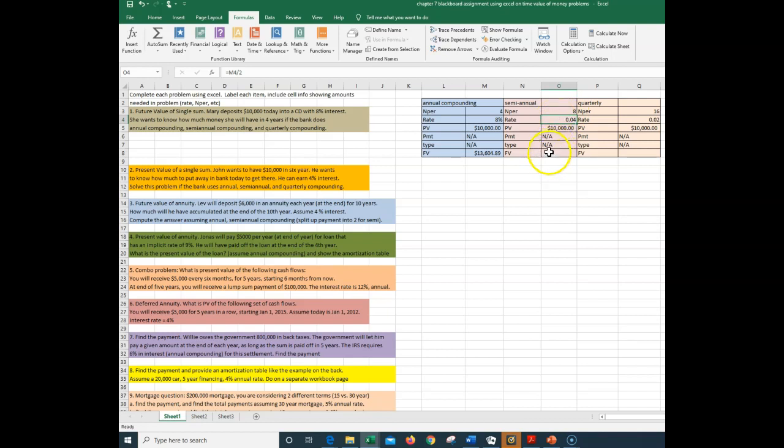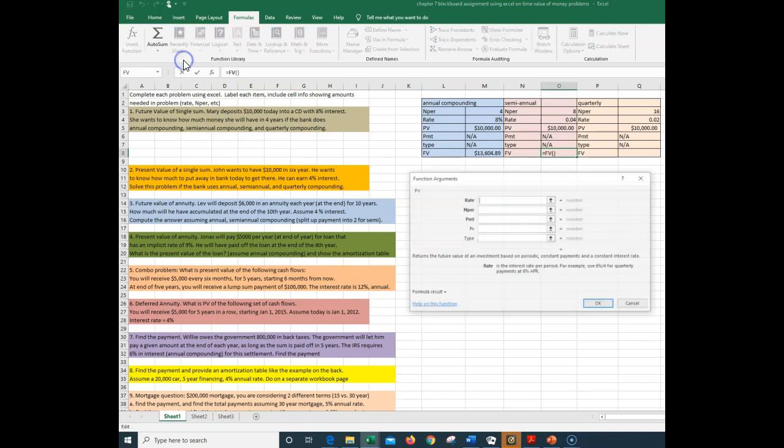Present value is still the same, and I'm going to click here, and now I can go to my recently used. I just used FV, so I'm going to use that again. It's at the top, and I'm going to click in the numbers using my cursor, leaving payment blank, and I'm going to put a minus sign, then I'll click in my PV, leaving those other 2 fields blank.